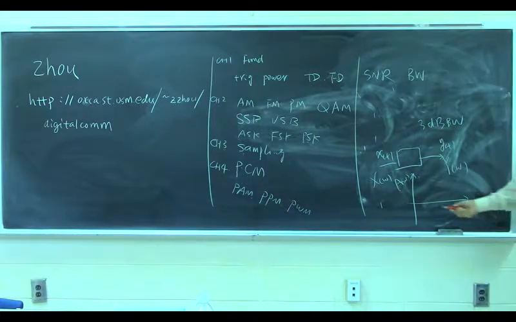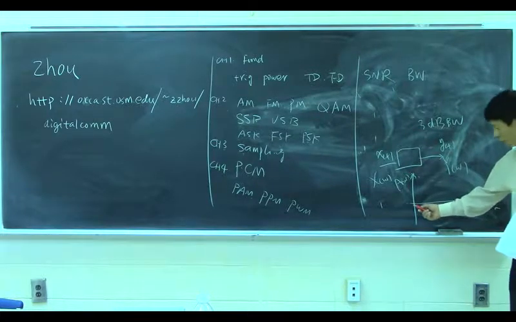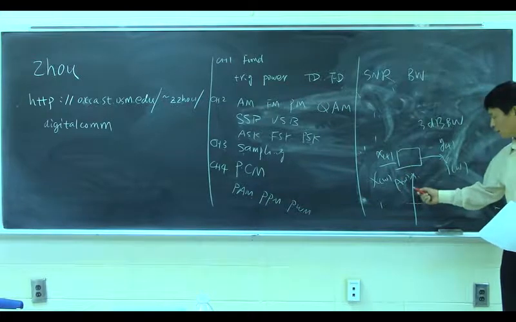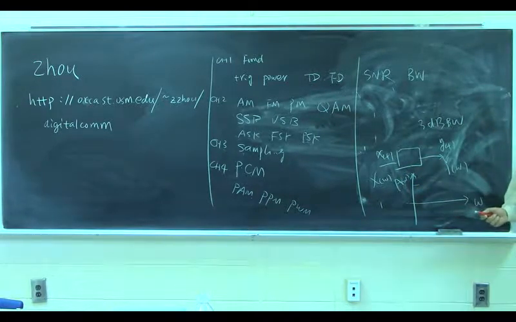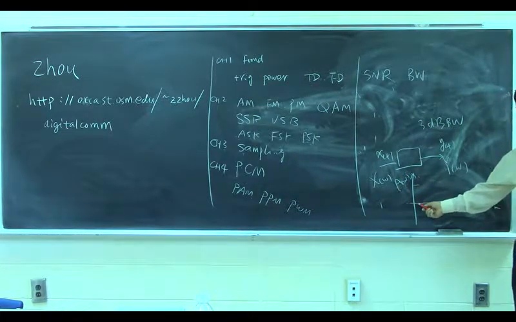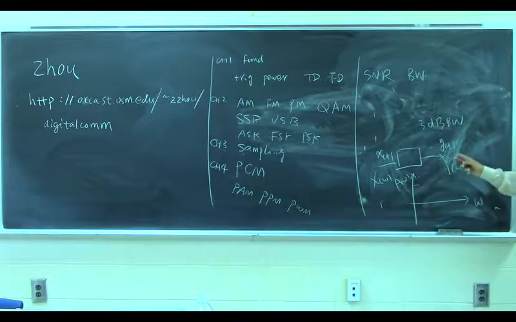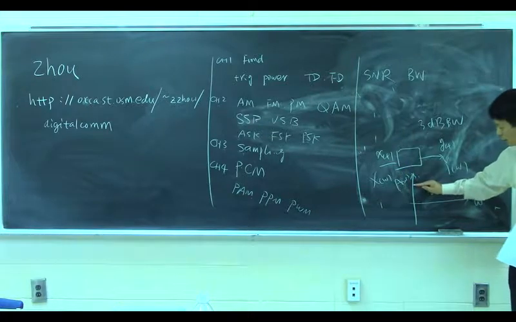For example, for DC, if frequency equals 0, you put your battery here, DC, then the gain equals this. You increase the frequency, for example to 50 Hz, and you calculate the gain, the output divided by input, and it still equals this.